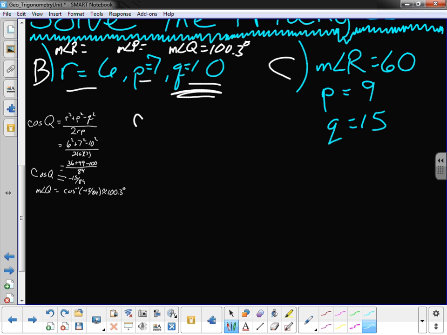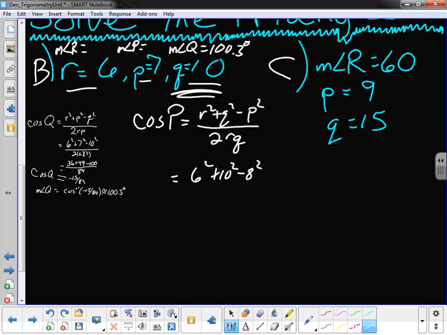So the cosine of angle P would be R squared plus Q squared minus P squared over 2RQ. So that would mean it's 6 squared plus 10 squared minus 7 squared over 2 times 6 times 10. Well, on the bottom, that's 120. On the top, I got 36 plus 100 minus 49.